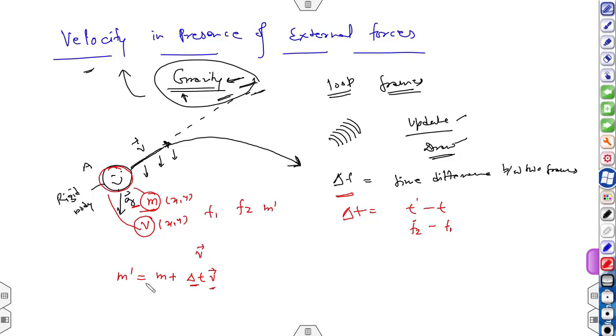Now using this particular velocity, we will calculate the velocity of the next frame. Suppose the velocity of the next frame is v dash. It will be calculated from the previous velocity v, delta t and vector g. Vector g is nothing but the gravity.